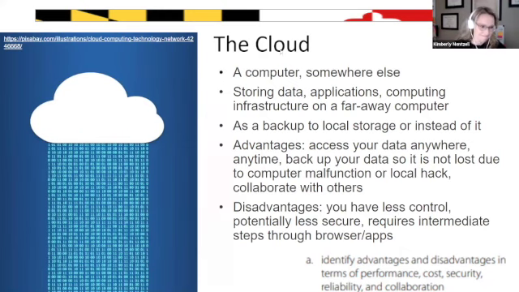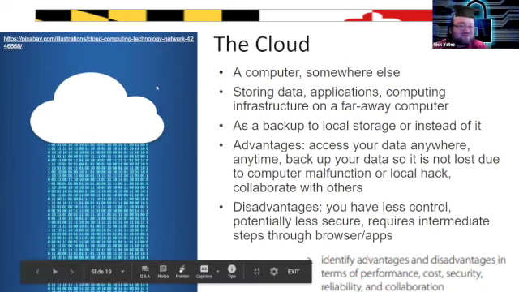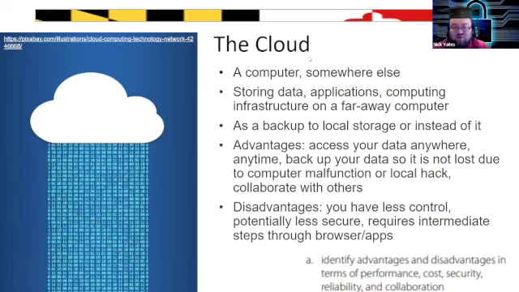So sorry. So I think this is the last slide, about the cloud as another system of multiple computers. And the cloud, I've got this sort of picture over here, is actually just a computer somewhere else, right? Or a server somewhere else that is storing your data. And the cloud can be used to store data, as it commonly is, but also whole applications can be run on the cloud, right?